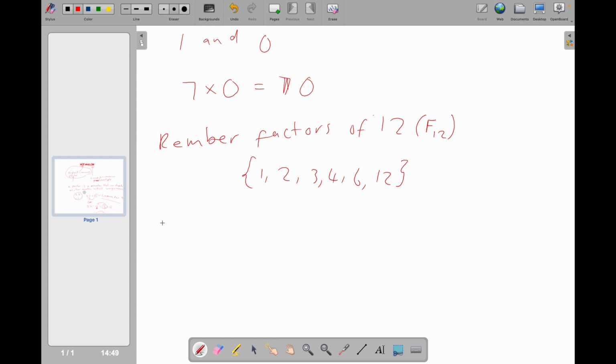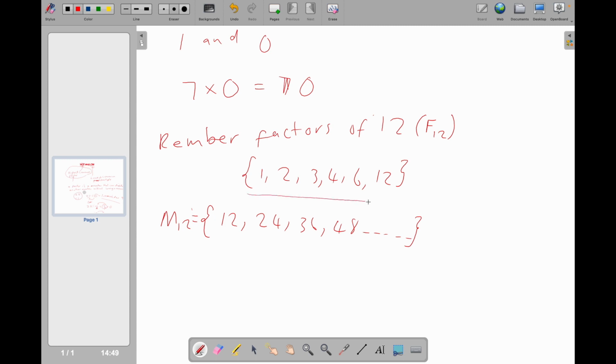What about multiples of 12? For multiples we put an M and 12, and for factors we put an F and 12, to represent factors of 12 and multiples of 12. Multiples of 12, we start from 12, 24, 36, 48, and we can go on. There is a difference between these two that you can see.